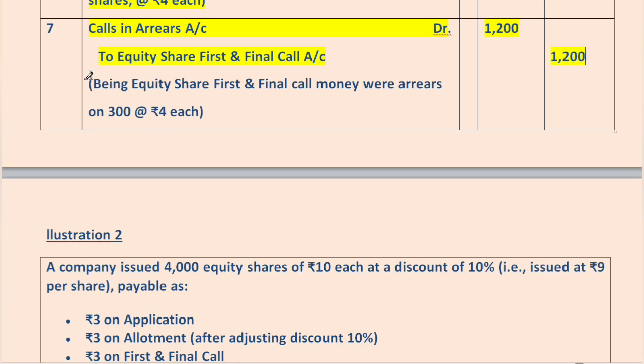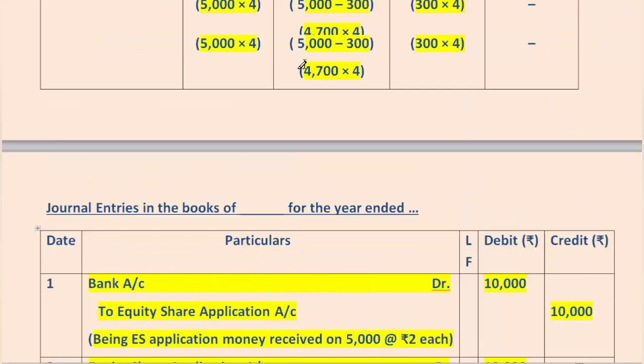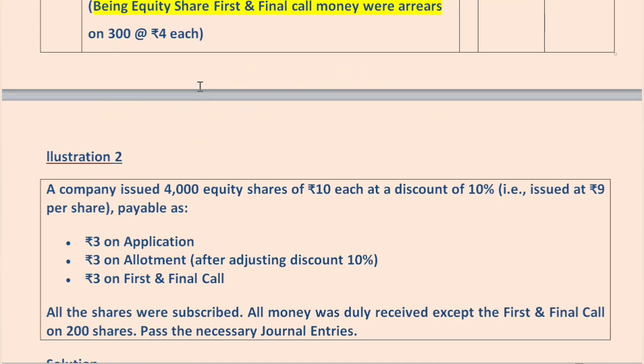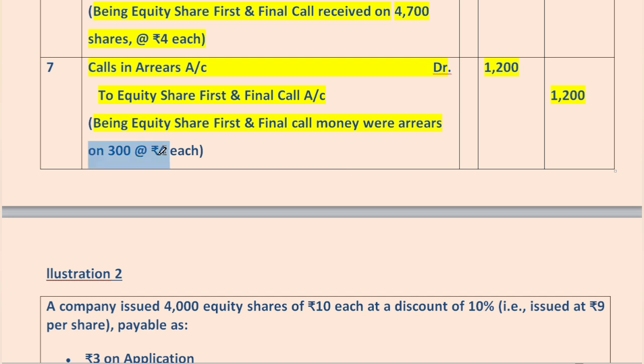Being equity share first and final call money were in arrears on how much share? 300 shares at rupees 4 per share. Like that we have to solve the different varieties of problems, right?